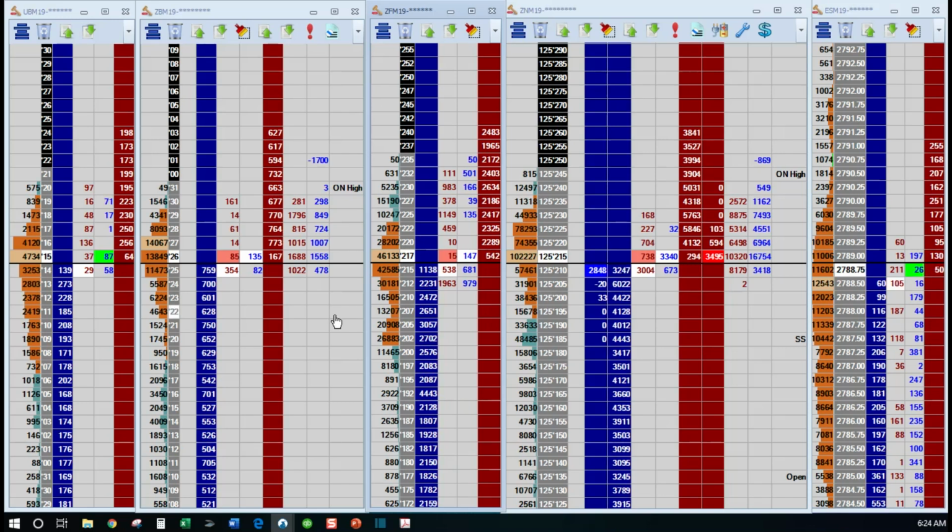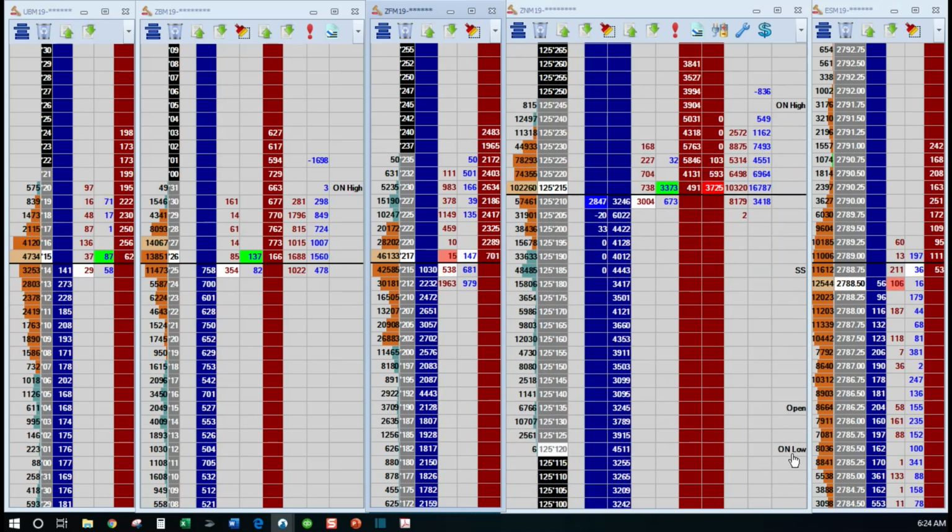So areas of interest right now, it's going to be the overnight high really, unless we can get down to this 19 even, 18 level that we looked at earlier. That would be a bit of support, and then obviously the overnight low.